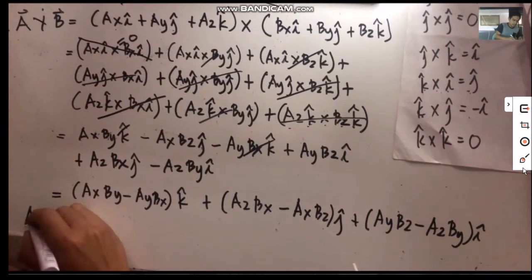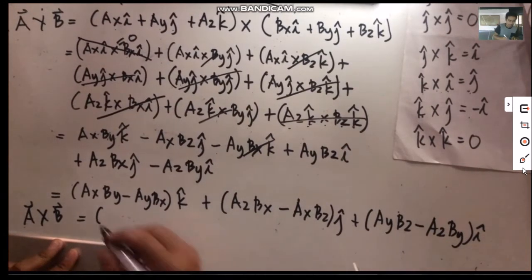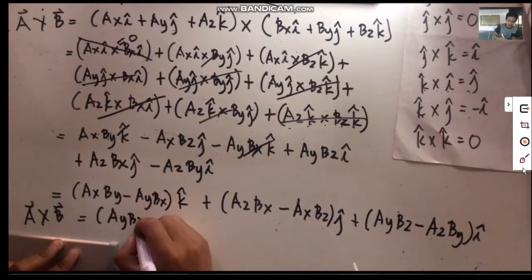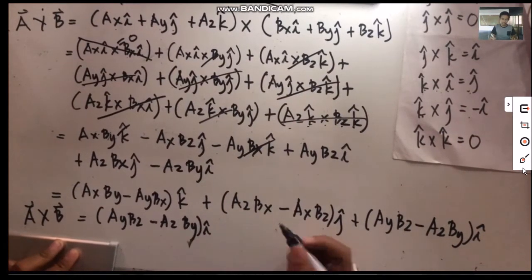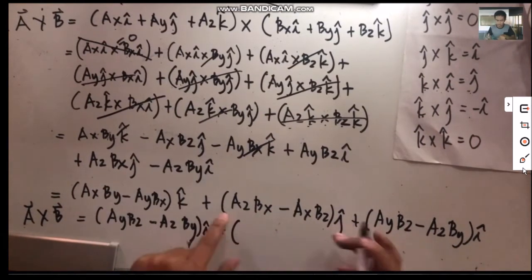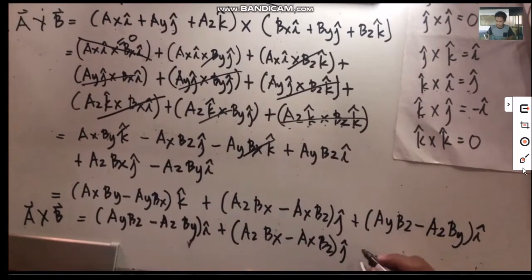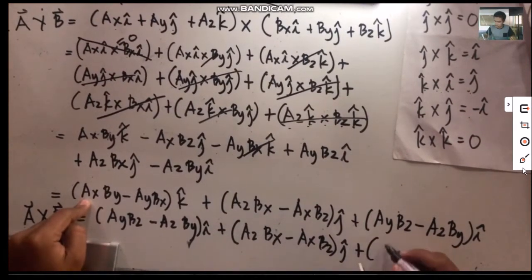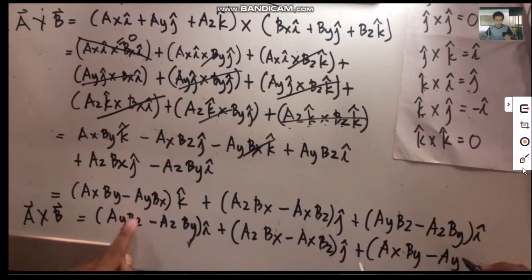Right, so vector A cross vector B equals, we'll start at i hat, ay bz minus az by i hat, plus for j or y component, az bx minus ax bz j hat, then plus for k or z component, that is ax by minus ay bx k hat.